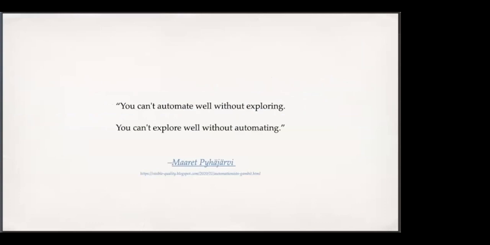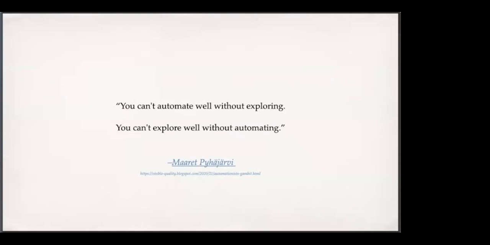And a few weeks ago, Marit said something that's really powerful. You can't automate well without exploring. You can't explore well without automating. And what she meant, and she wrote this in a blog post entitled "The Automationist's Gambit", I highly recommend that everyone goes and reads it.